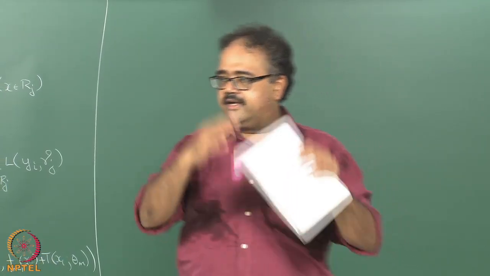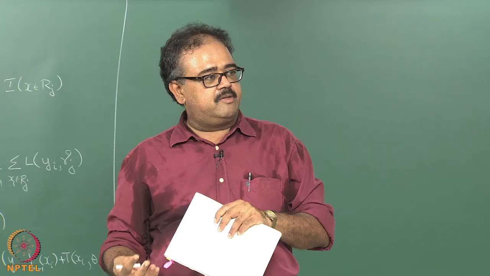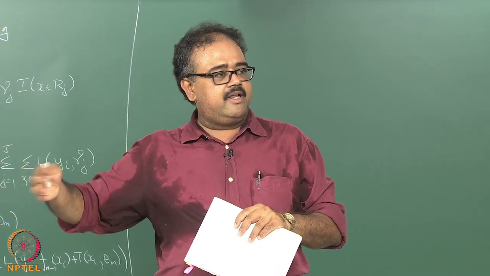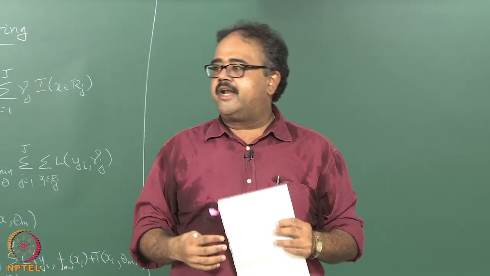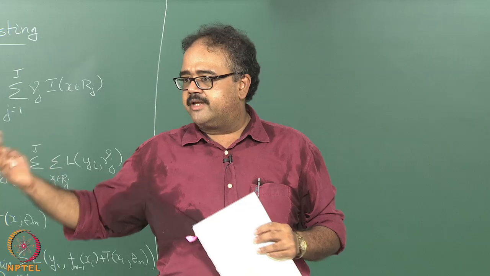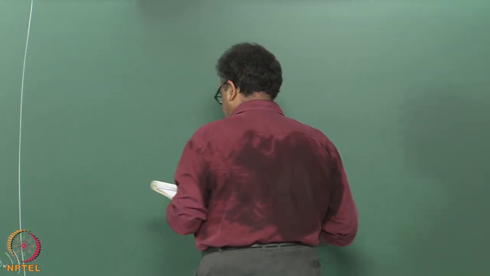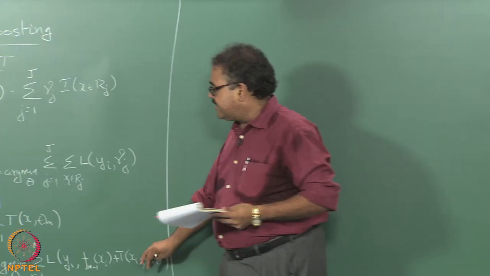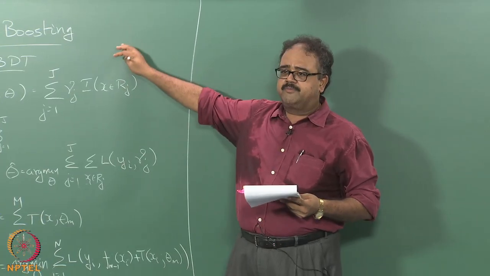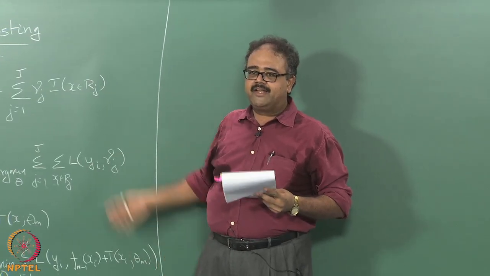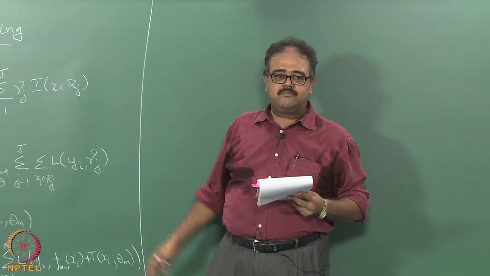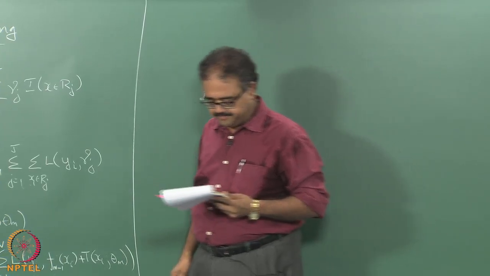Then take the combined thing, find the residual of that, build a third tree which will predict the residual and add it back to this, and so on and so forth. You just keep doing this. That is essentially what boosting in trees means. We have still not come to the gradient boosting part. Finally it will look very similar to what I am telling you now, but we have still not come to that part yet.